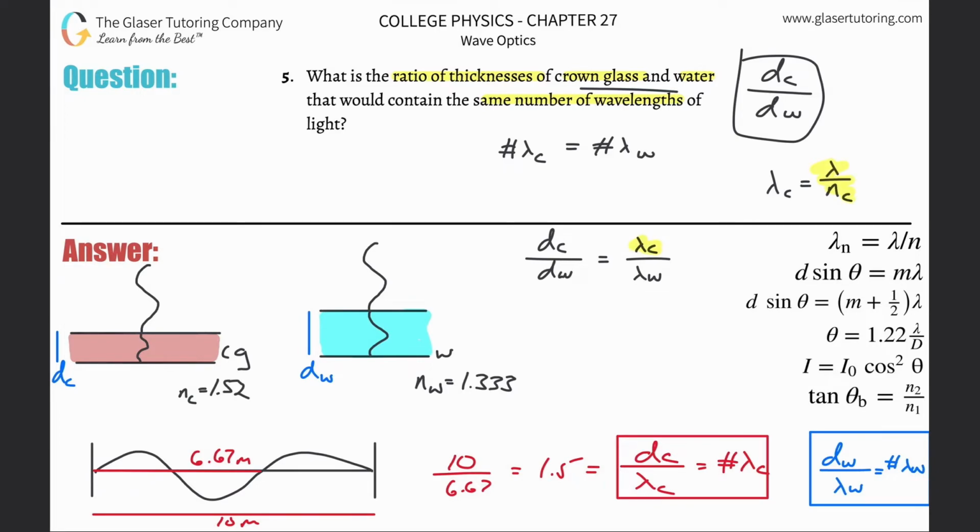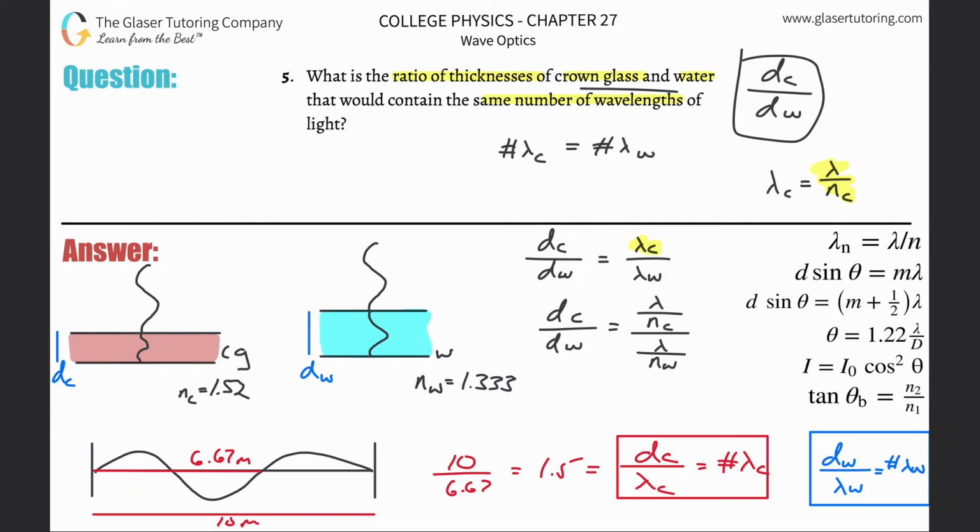So I'm going to get dc over dw is going to be equal to the wavelength of the light in a vacuum divided by the index of refraction in the crown glass, divided then by the same thing for the bottom, the wavelength in a vacuum divided by the index of refraction in the water.